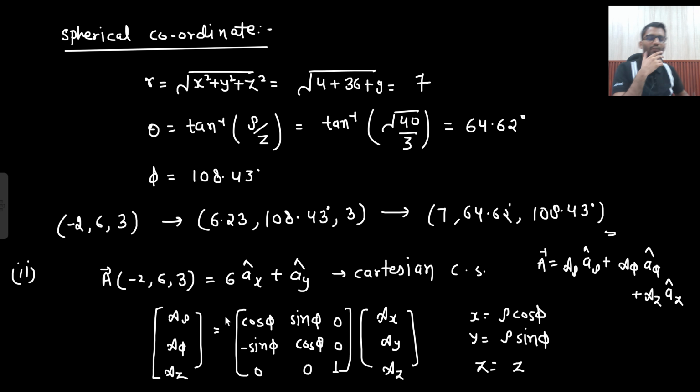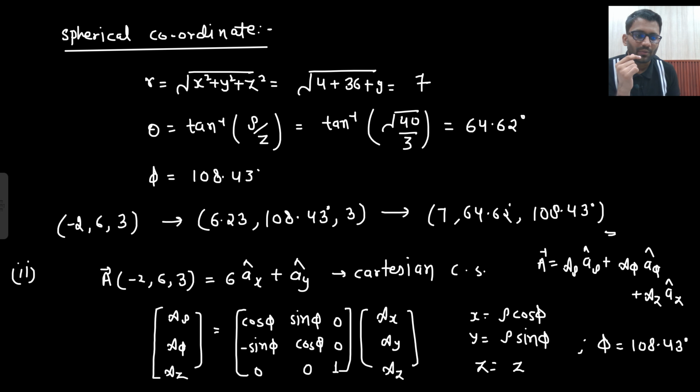How will I get this value of phi? Ax, ay, az I know. What is that? 6, 1 and 0. How will I get the value of phi? From here, 108.43 degree. So here your phi is 108.43 degree. So this phi value I will put here. So let's see.